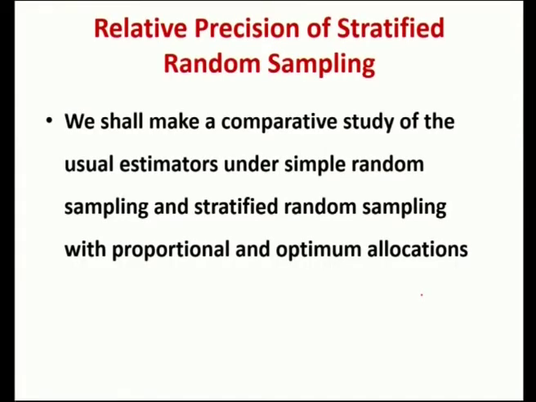Now, we will see the relative precision of stratified random sampling. We shall make a comparative study of the usual estimators under simple random sampling and stratified random sampling with proportional and optimum allocation. Now, we will see the relative precision of stratified random sampling with simple random sampling.